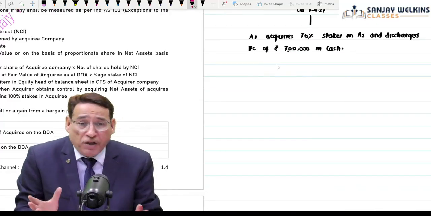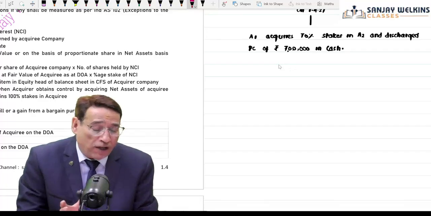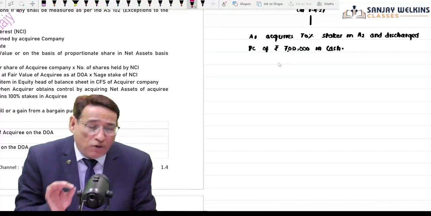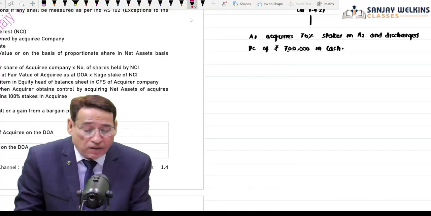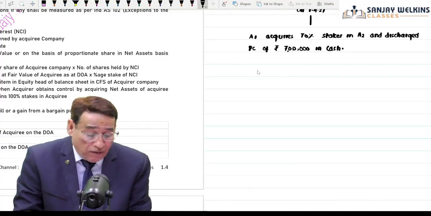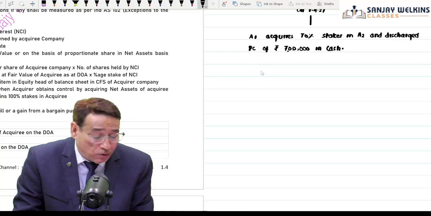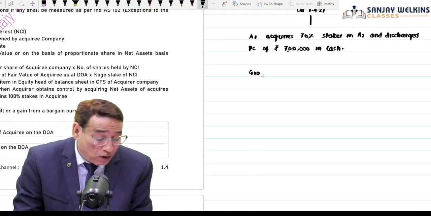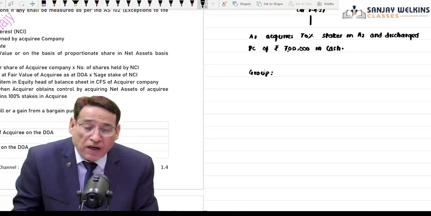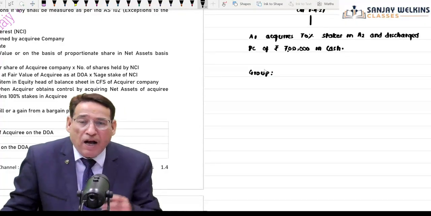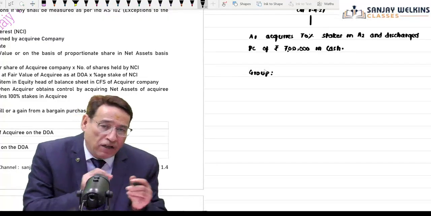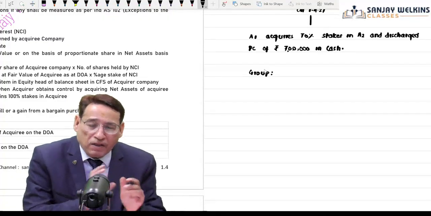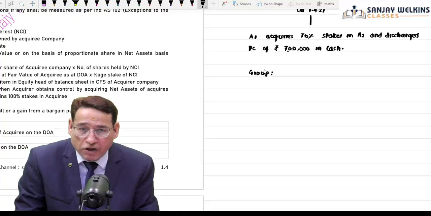So how to determine who is going to be the accounting acquirer? In order to determine the accounting acquirer, first of all, you need to understand the meaning of the group. A group means either the investor entity has an associate or it has a subsidiary company, then only a group can come into play.